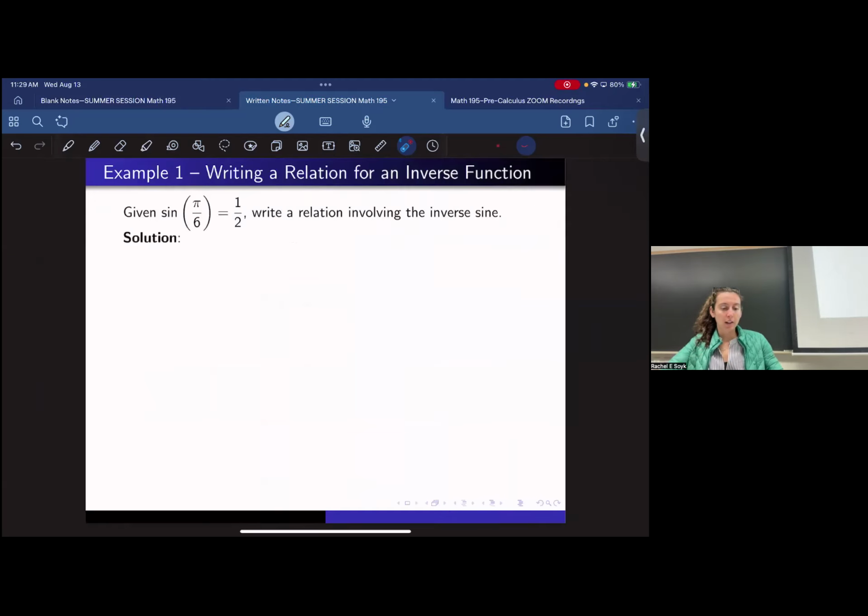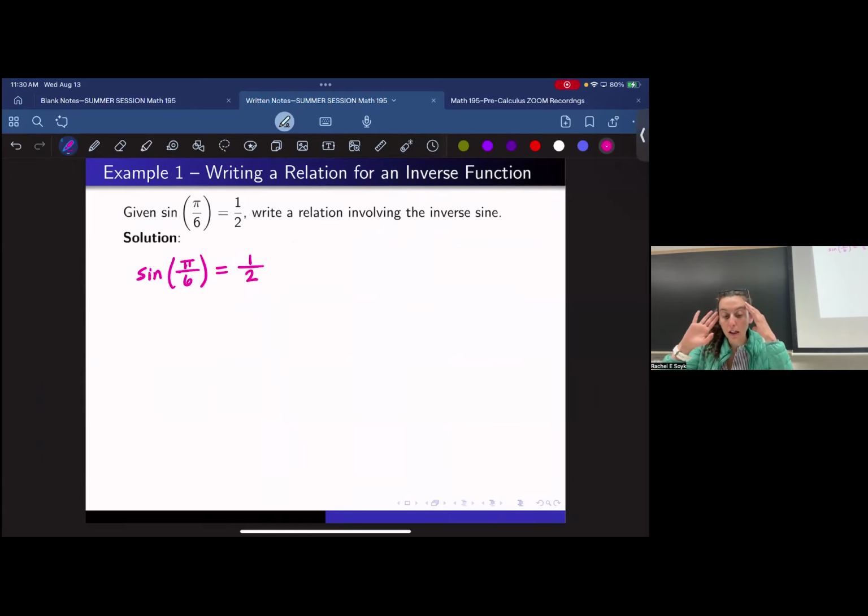Right. Now we're finally on to our first example, which is more of a technical example, kind of just understanding our inverses of functions. We have sine of pi over 6 is equal to 1/2, and we want to write a relation involving the inverse sine.